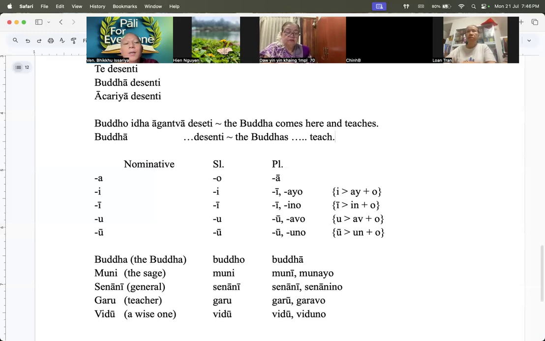When we see the word, sometimes it is like Buddho, sometimes Muni, sometimes Senani or Guru or Viddu. But if we understand this case ending, this one is the subject, the nominative case. Because of their ending vowel being different, their form is different like that, but it is the subject. So in this way it can be understood.